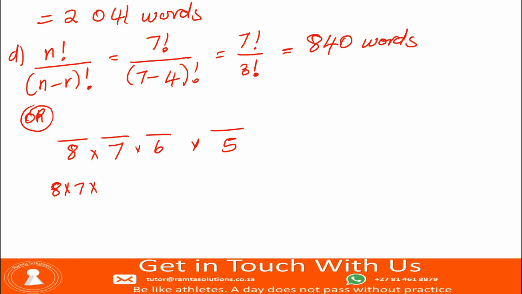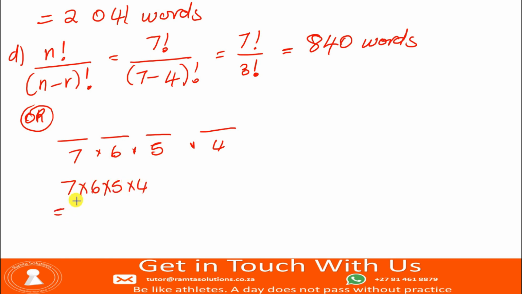I said 8. There were no 8 words. There were 7 words. Sorry about that. So it's 7, 6, 5, 4. This is 7 times 6 times 5 times 4. It's still 840 words.